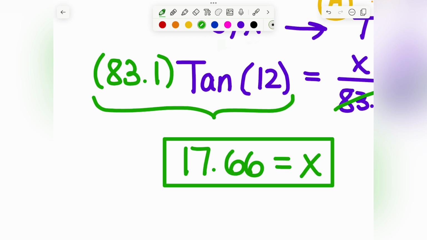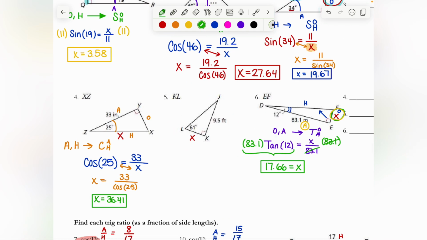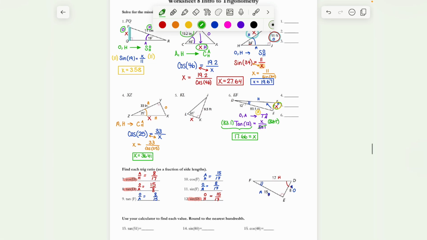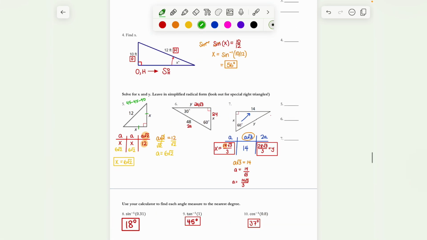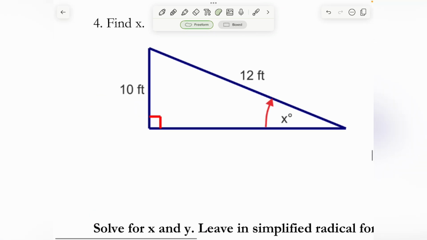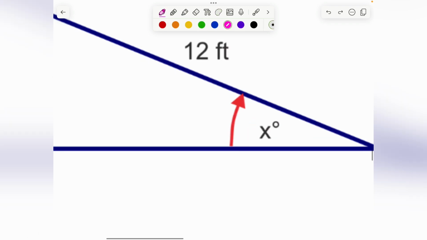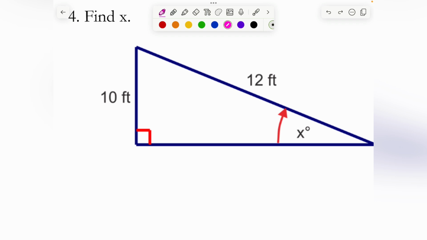So now we're going to move on to inverse, okay? So this is how you find a missing side of a triangle. But if I was looking for a missing angle, then I would have to use something called inverse trig. So here's an example. This time it says solve for angle x. From angle x, the opposite side is 10.